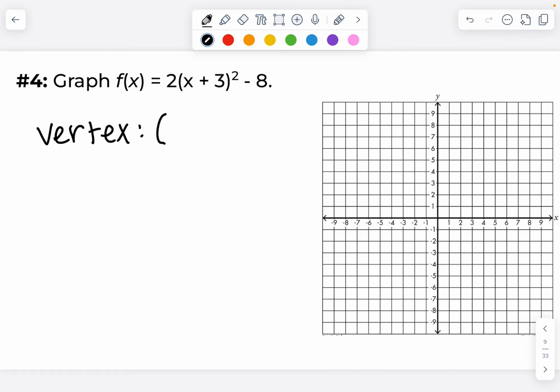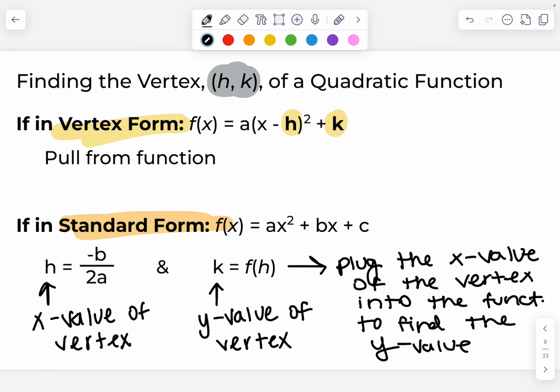So my vertex is going to be the opposite of positive 3, which is negative 3. And then I'm just going to take the value outside, because it's just plus k, so whatever that value is outside, we take it as is. But because we have this subtraction here, take the opposite for the vertex. So just a little note there for you guys.